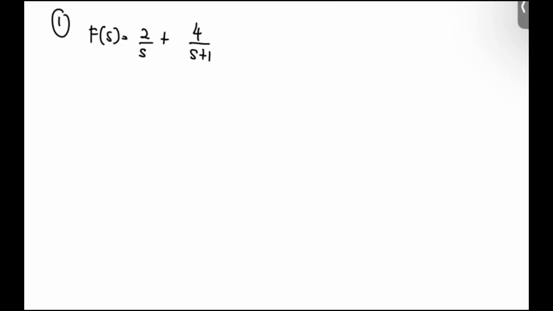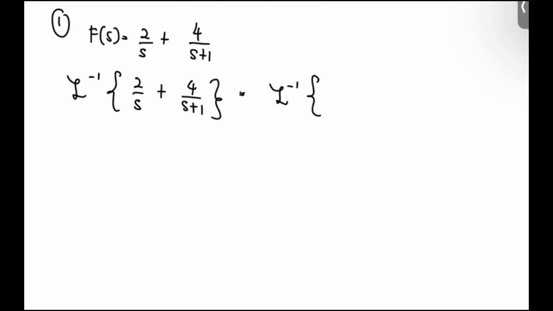So now we need to use these properties of Laplace. The inverse of Laplace 2 over s plus 4 over s plus 1 is equal to the inverse of 2 over s plus the inverse of 4 over s plus 1.